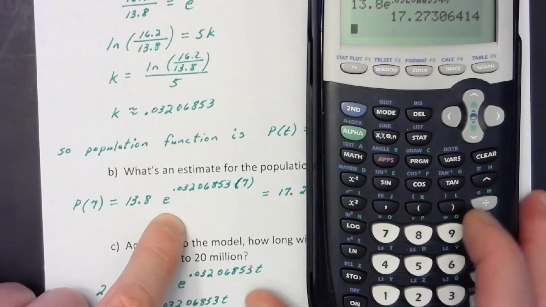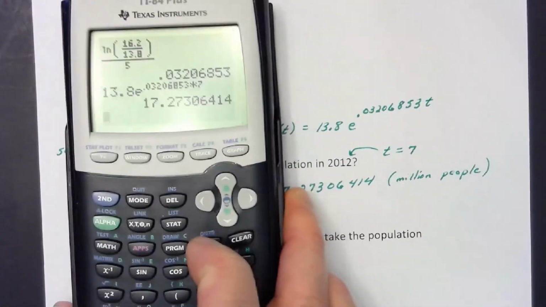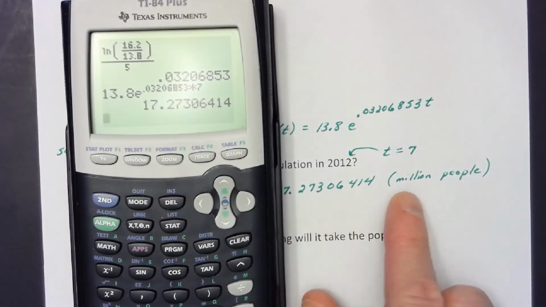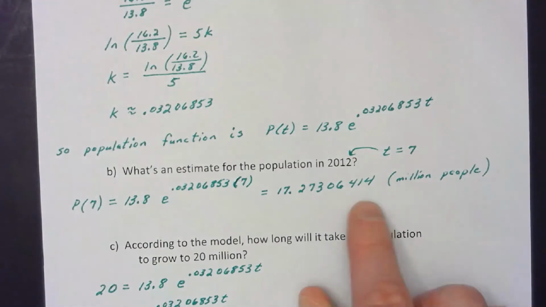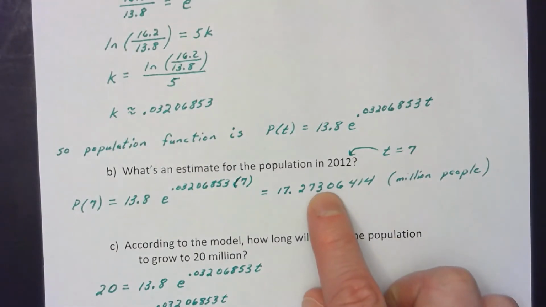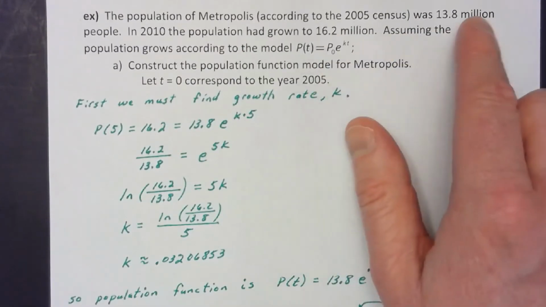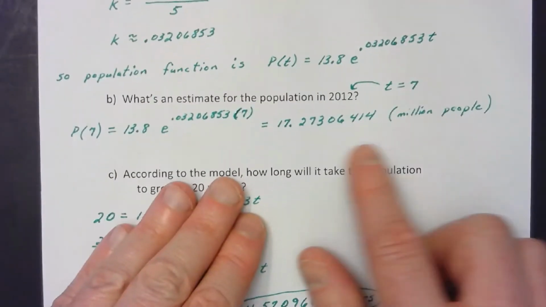And this is going to give you 17.27306414. And again, remember, this is not just 17.273 people. So I'll keep the decimal value there. These numbers were measured in millions of people. So that's 17.273 million people there.